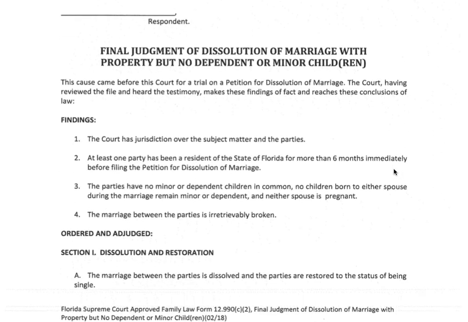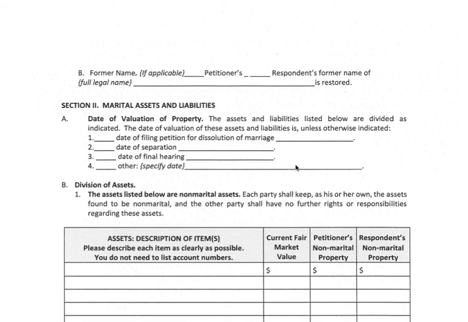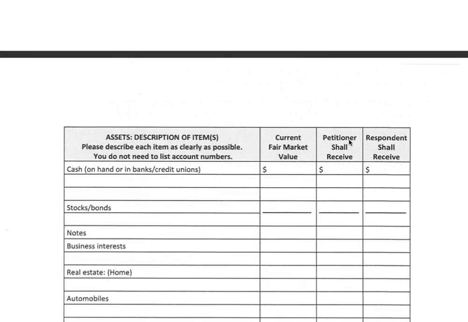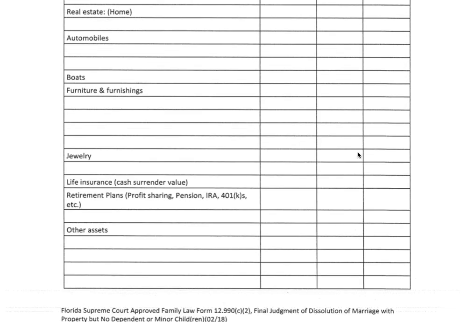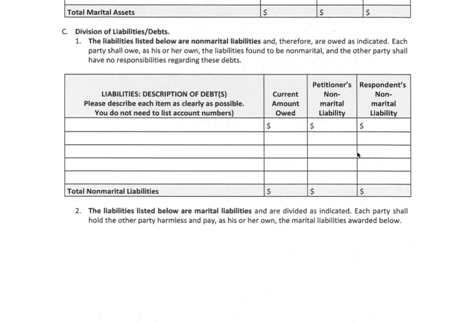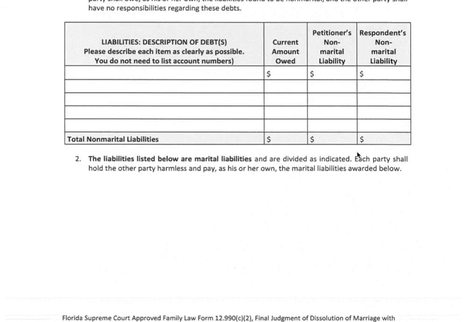And again, the court is going to make a determination about all the assets that are out there and who's going to get what. Petitioner shall get, respondent shall get. And this is what the court will fill out. So you don't have to fill out any of it. If you reach the agreement, you both have to fill it out, but not here.